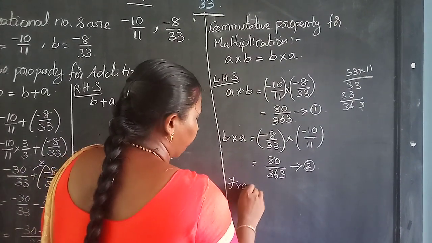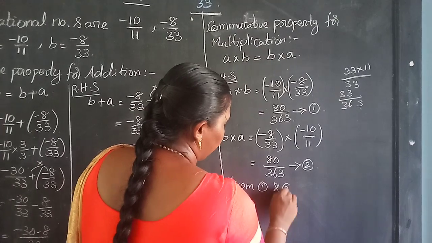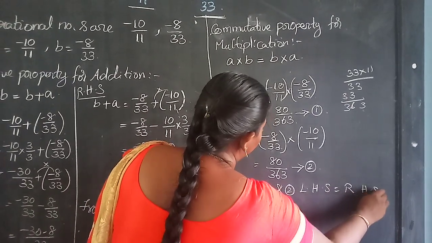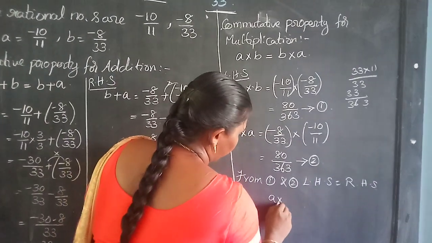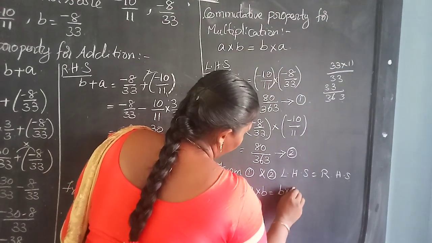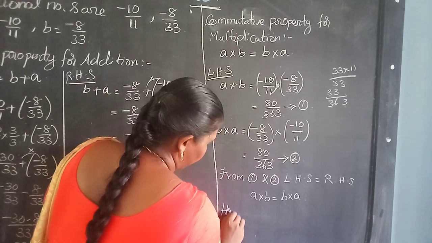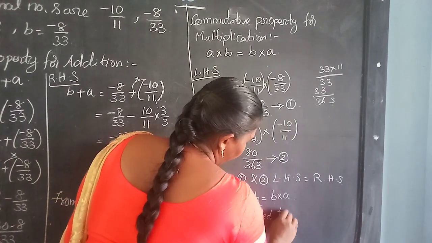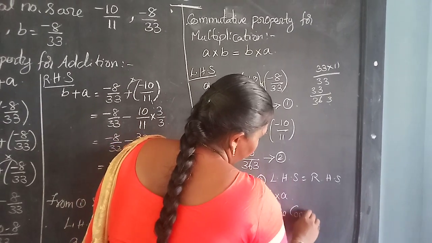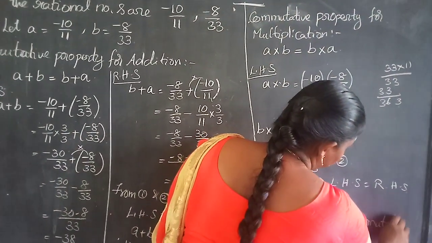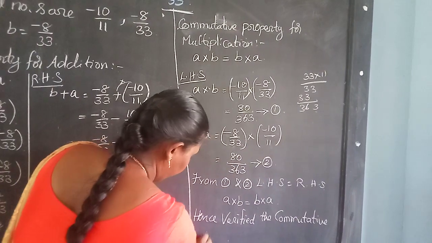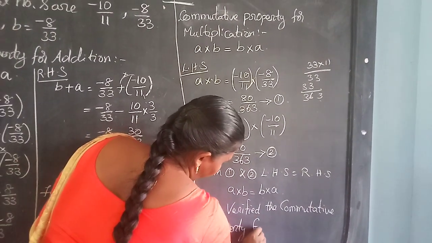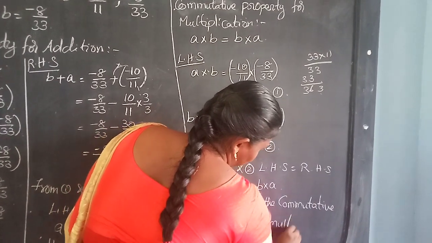So from 1 and 2 LHS equal to RHS. That is A into B equal to B into A. So last step, right? Hence verified. What property? Commutative property for multiplication.